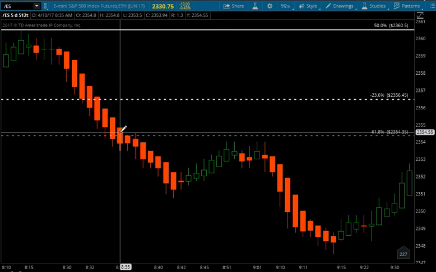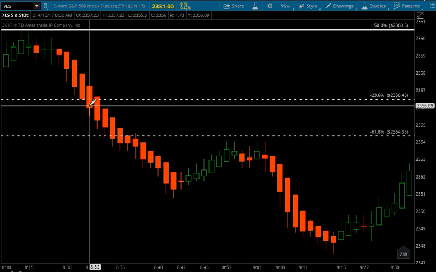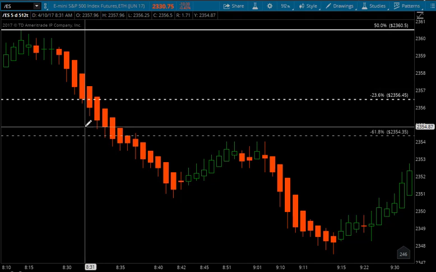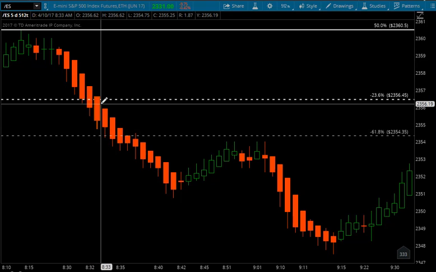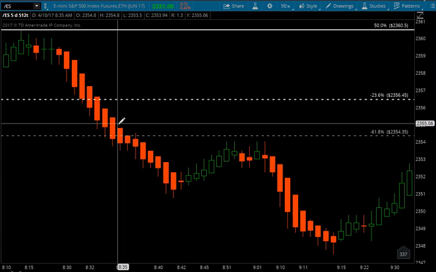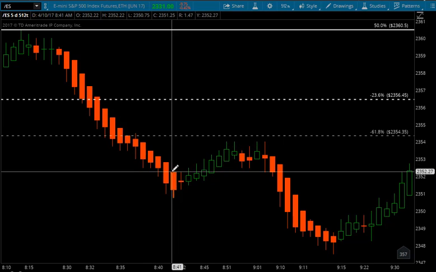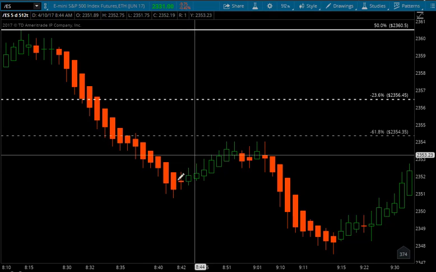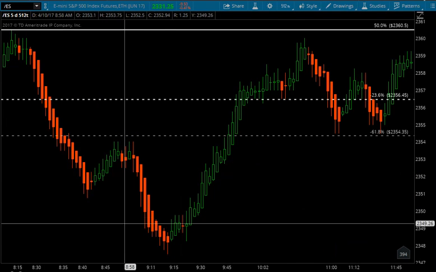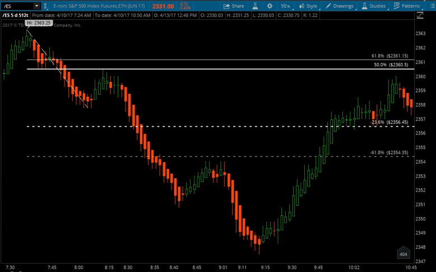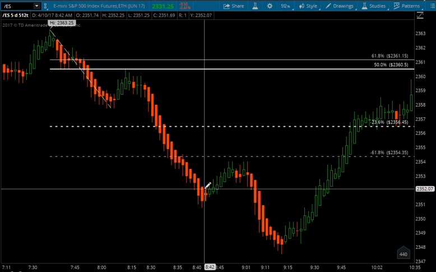So whenever a candle makes a new low, then you can go ahead and drag your stop above the high of that candle and just continue trailing all the way down until you get taken out, market changes direction, and that locks in quite a bit larger profit on the trade.